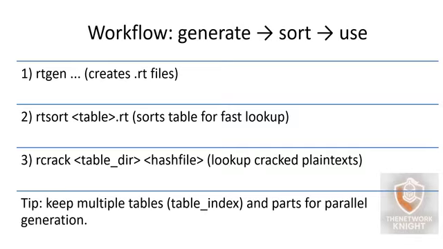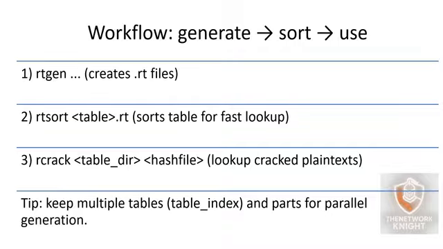And this is the workflow of how these work, and we're going to work through this when we do the example. You create the RT files, then you sort the RT files with rtsort, and then you end with rcrack. I'm not sure why not rtcrack, just to keep it consistent, but it's not.